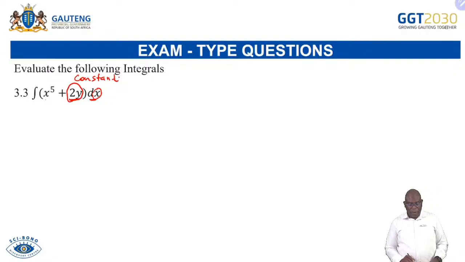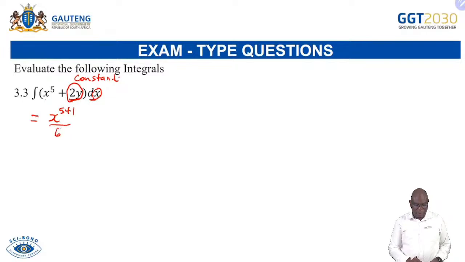Okay. Now, maybe we should add a question on that. Now, in this case here, I am now integrating. So it's x to the power 5 plus 1 all over 5 plus 1 is 6 plus 2xy. So I just add an x there.